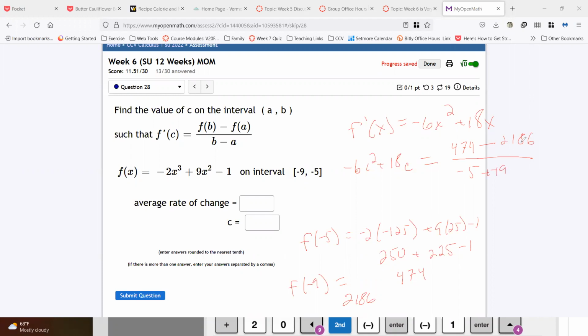So we're going to subtract those two numbers and divide them by 4. 474 minus the 2186, I'm getting negative 1712, and I'm going to divide that by the 4. You don't need to see that. So I'm getting negative 428.